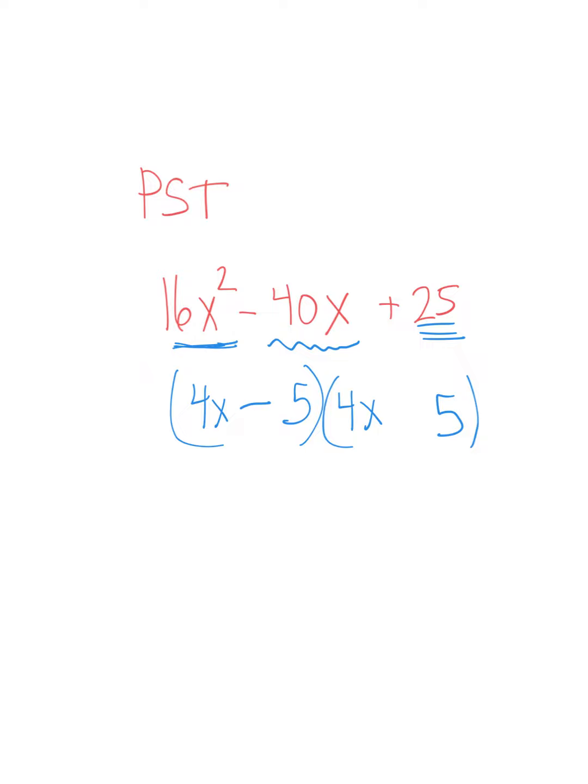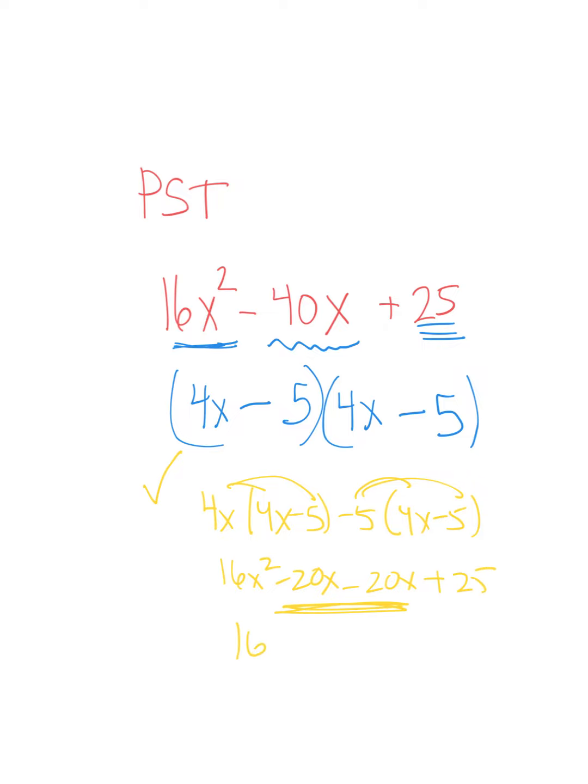And so if we make this negative and negative, if you were to check yourself by either doing box or distributive property, your call, what happens is that we of course get the 16x squared, and we're definitely going to get the plus 25, but these middle terms should add up to the middle term in the original problem.